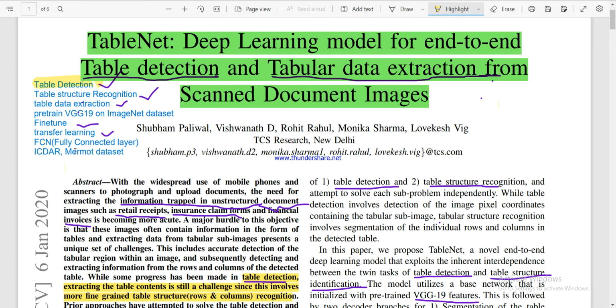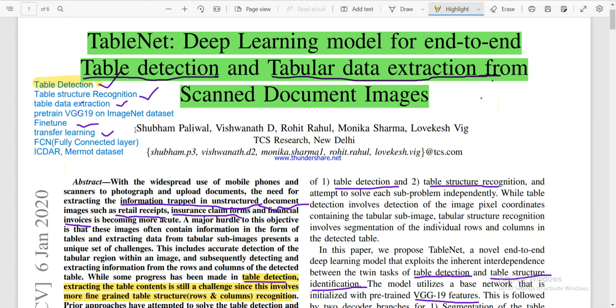They are calling it the Marmot dataset, and they have used a pre-trained VGG19 model trained on the ImageNet dataset, and then fine-tuned it for their task. So they are calling this transfer learning. Of course, we know we train a model on a large dataset or some other dataset, and we can change it for another domain or task.